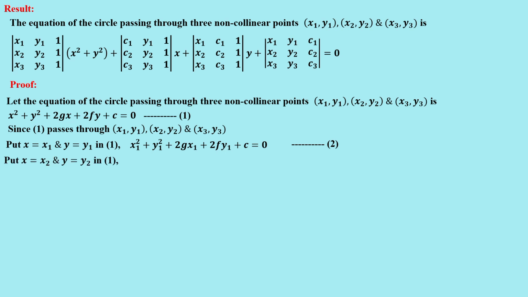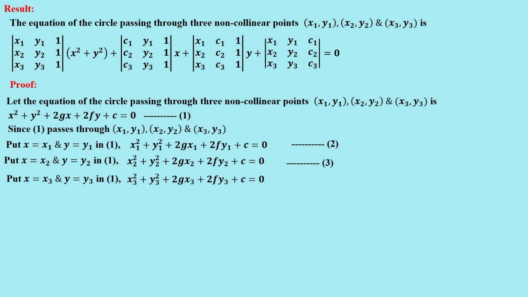Put x equal to x2 and y equal to y2 in 1. We will get x2 square plus y2 square plus 2gx2 plus 2fy2 plus c equal to 0. Third equation. Then put x equal to x3 and y equal to y3 in 1. Then the last equation: x3 square plus y3 square plus 2gx3 plus 2fy3 plus c equal to 0. Fourth equation.